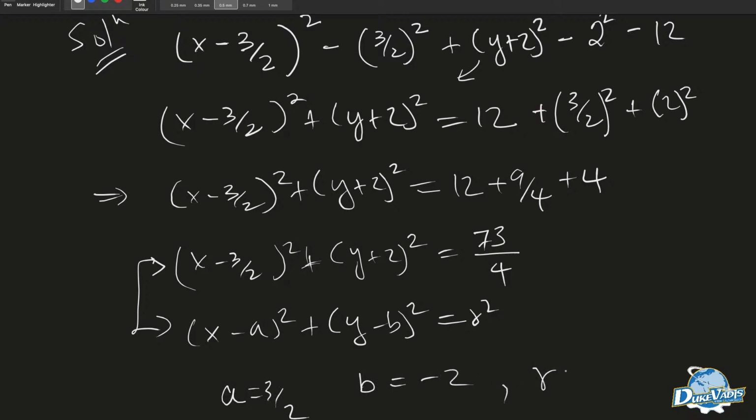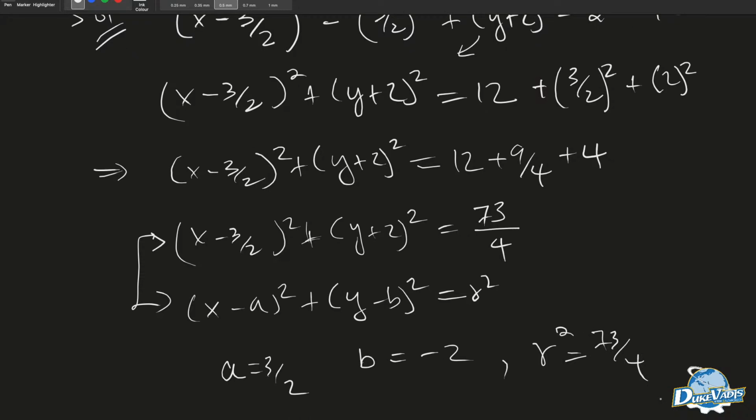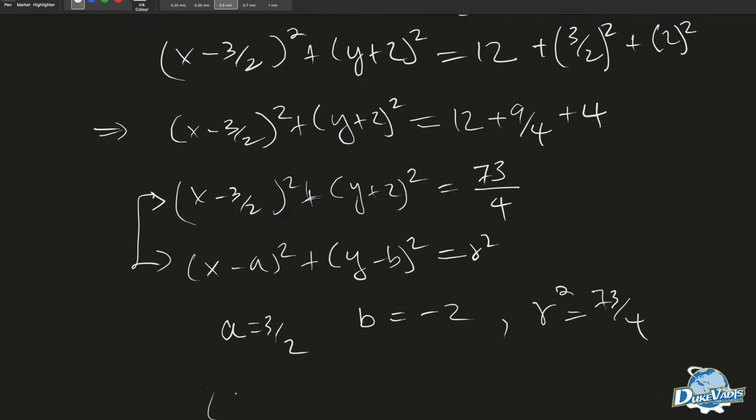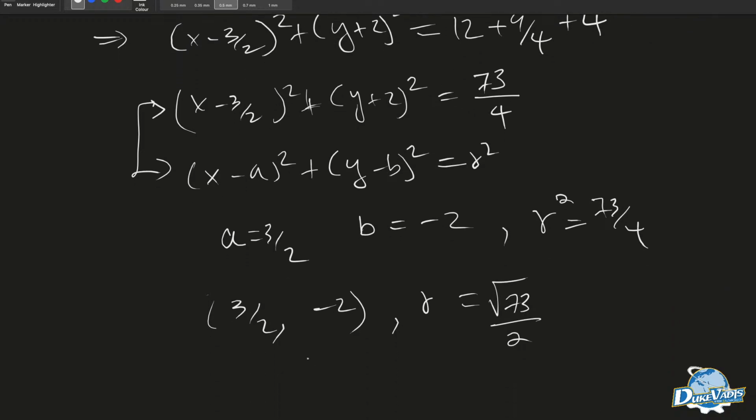And our r squared is equal to 73 over 4. Now, it means our center of the circle is 3 over 2, comma negative 2, and r is equal to the square root of 73 over 2. So this is the center, and this is the radius.